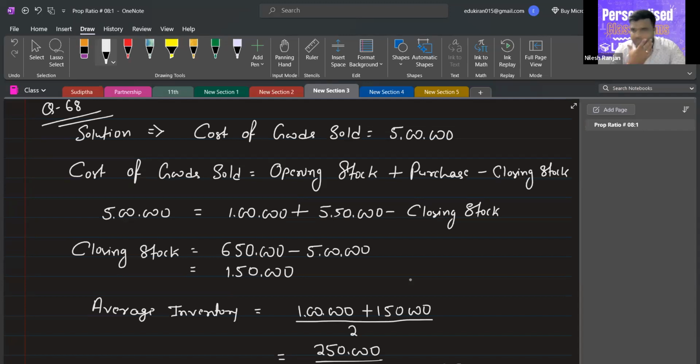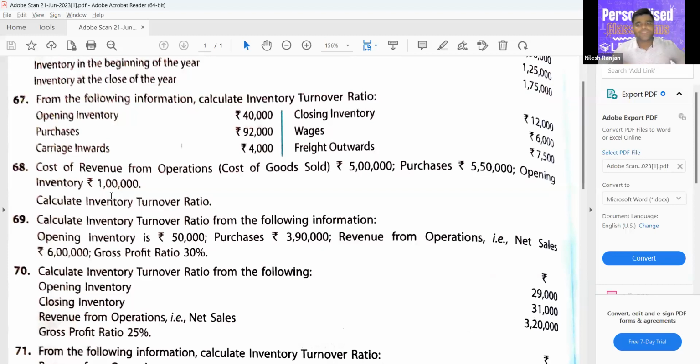Can you write in chat? So am I not audible? Yes, now you are audible. It is clear, sir. Okay, good. Actually, at first your voice was not audible, so that's why I asked. Okay. Actually, the climate in my place is not good. It's raining.